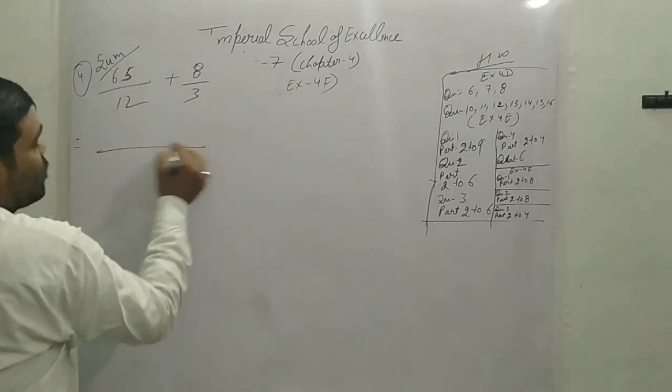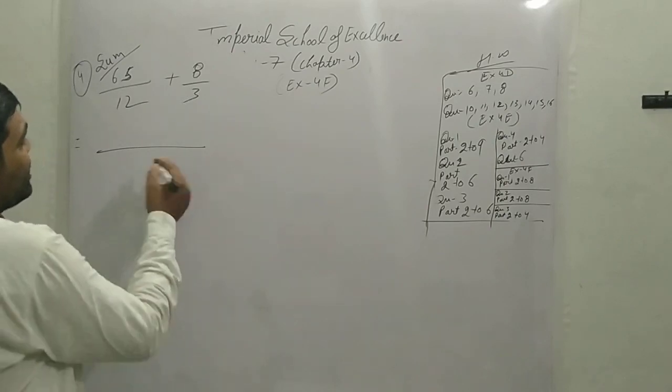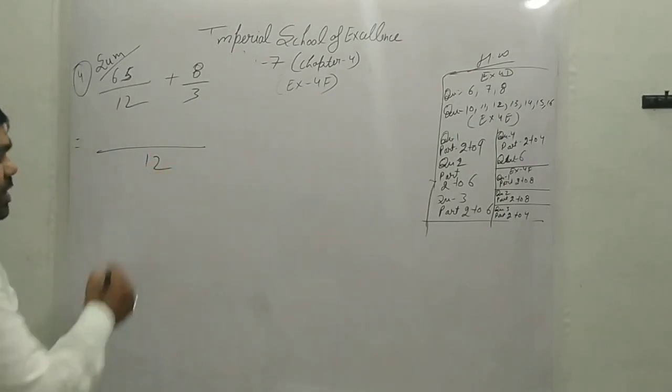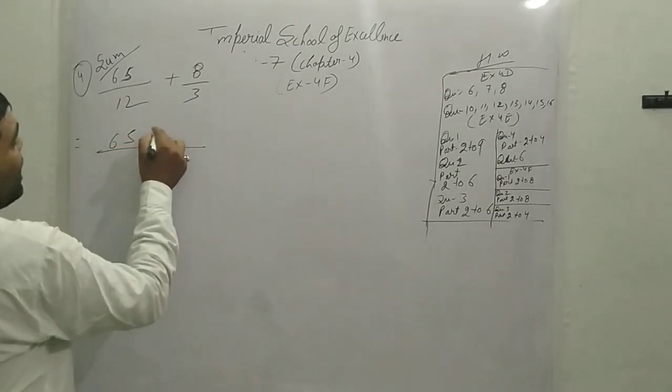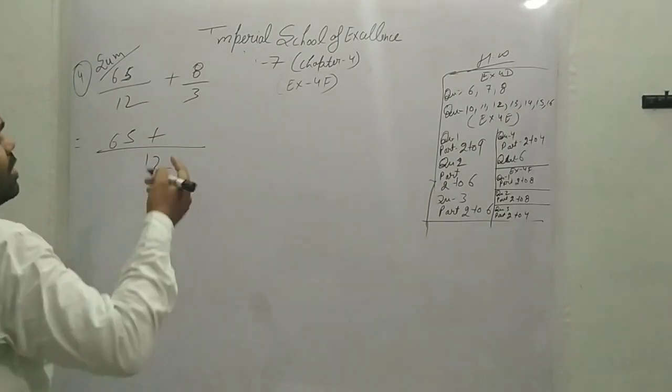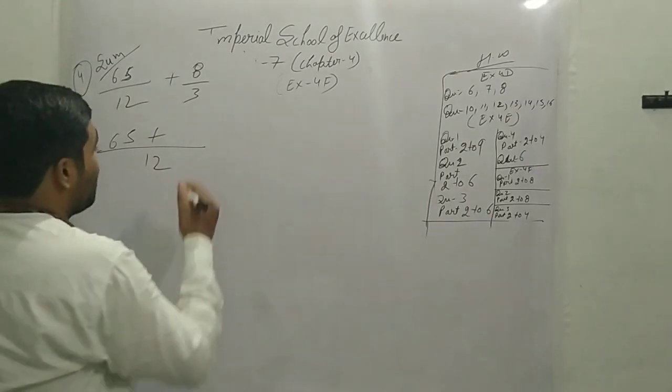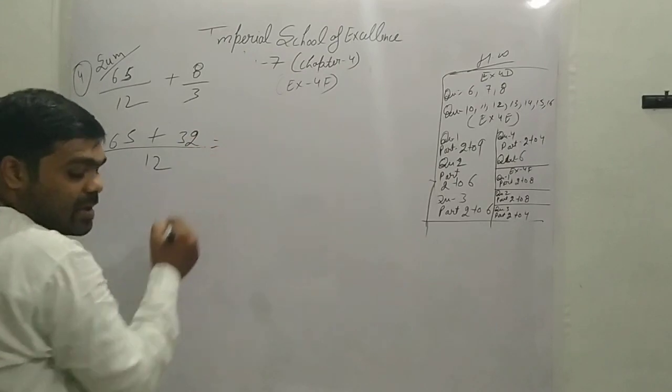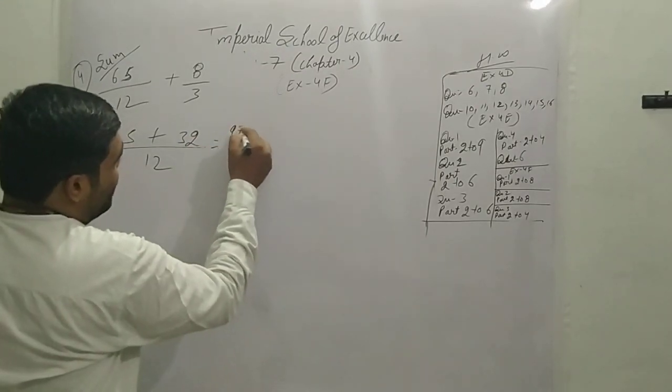Take the LCM of 12 and 3, which will come out to be 12. After that, 12 and 12 are 65 plus 3 fours are 12, 8 fours are 32. Your answer would be 97 upon 12.